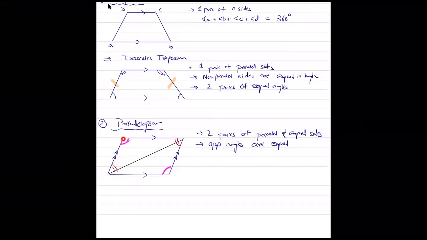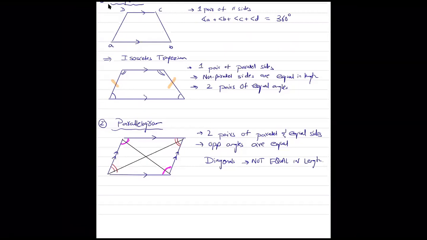Now, I can also draw another diagonal from here to here. These two black lines are the diagonals, but the diagonals are not equal in length.